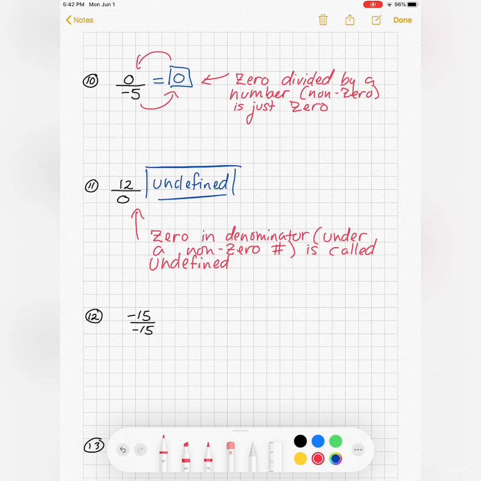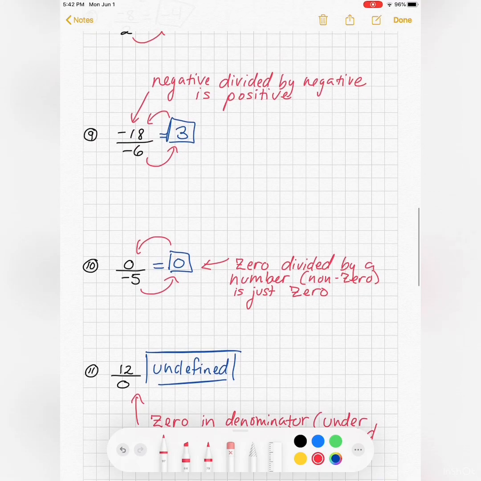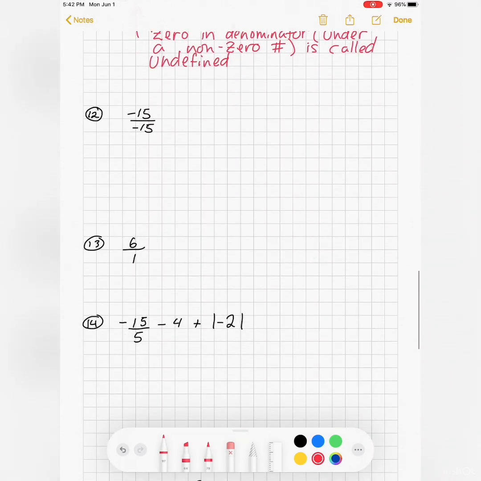Okay, did we write down a negative divided by a negative? I think we did. Negative divided by a negative is positive. So negative 15 divided by negative 15 is 1, right? Because if you think of checking that, negative 15 times 1 is indeed negative 15.